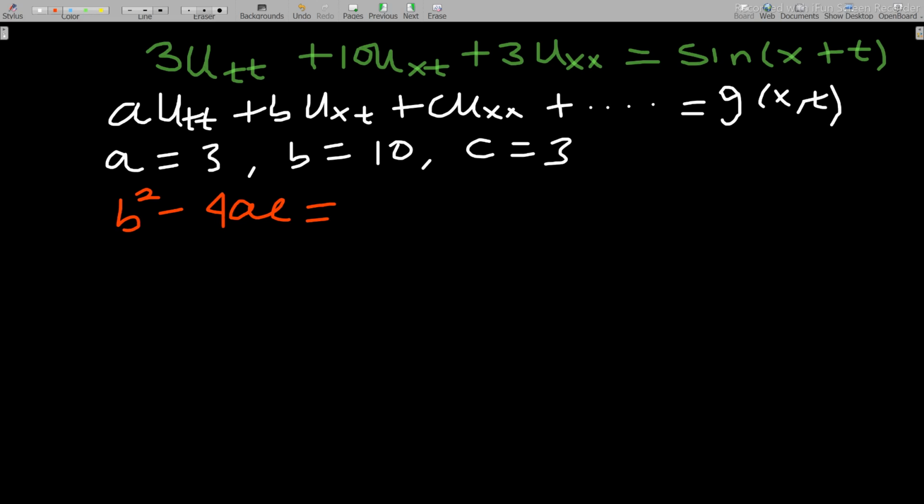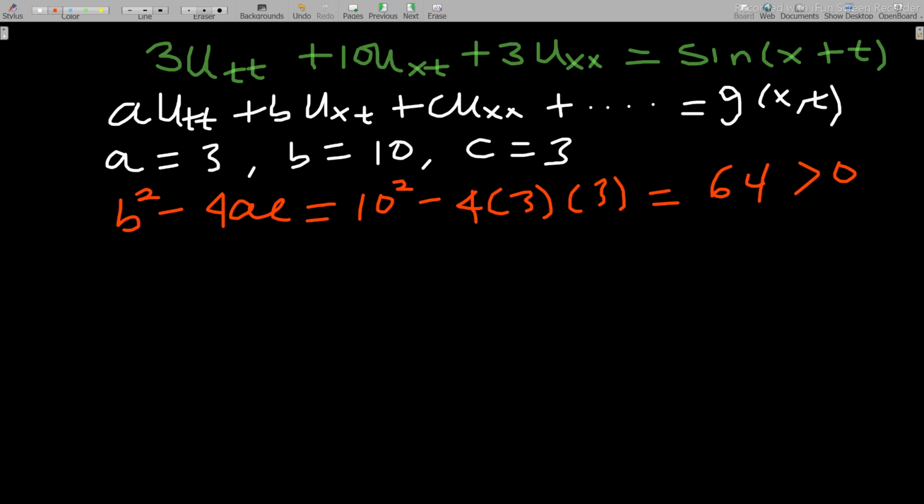B is 10, so 10 squared minus 4 times 3 times 3, and this will give me 64, which is greater than 0. So, as I said in our first discussion as well, the wave equation is a hyperbolic equation, or hyperbolic in nature.